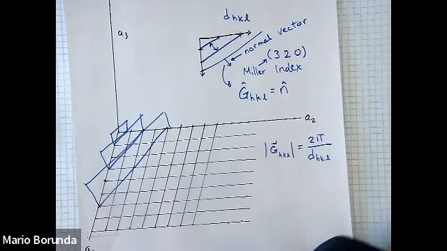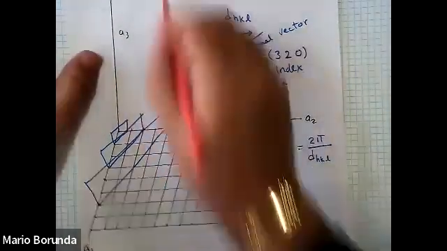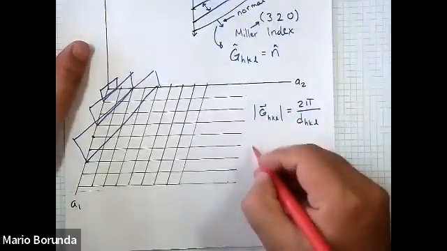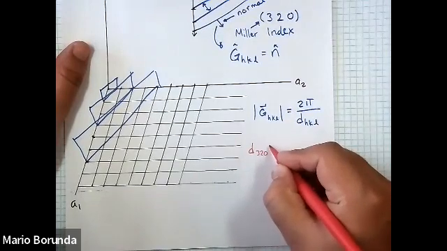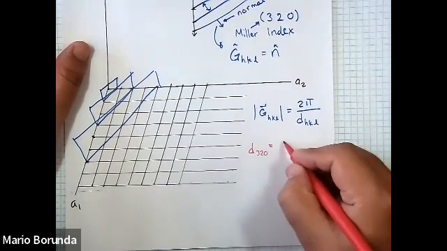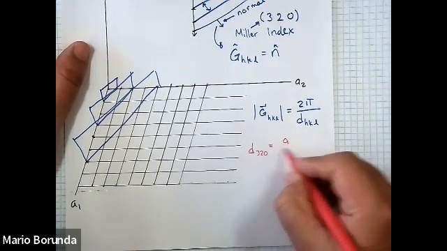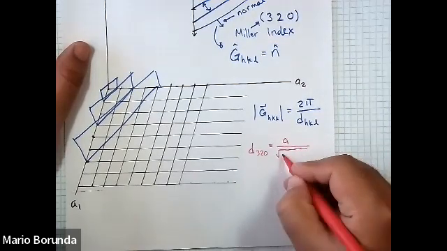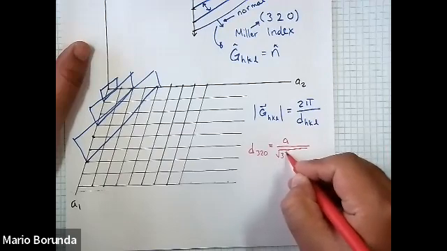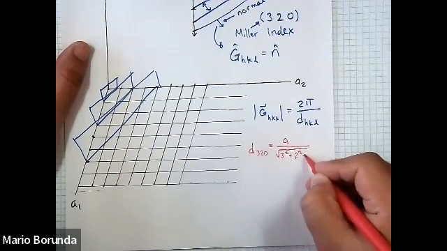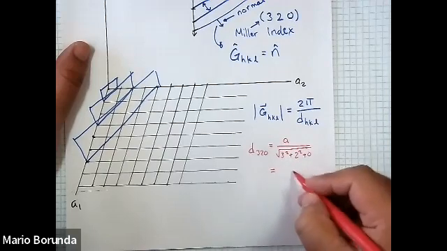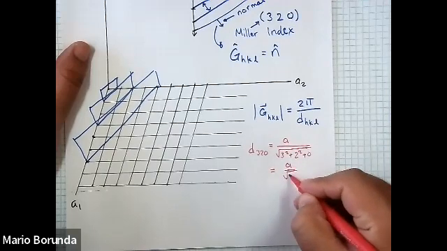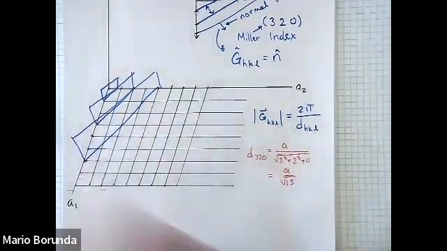In this case, this is the 3, 2, 0, and we get A divided by the square root of 3 squared plus 2 squared plus 0. If we do the math, that's A divided by the square root of 13. Make sense?